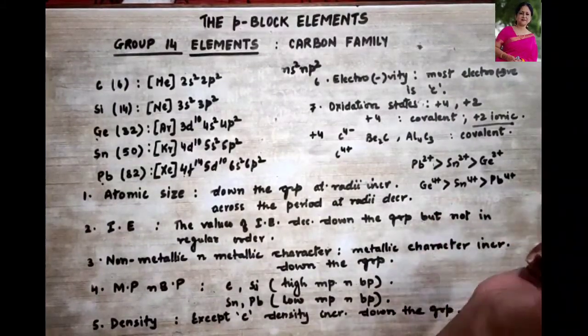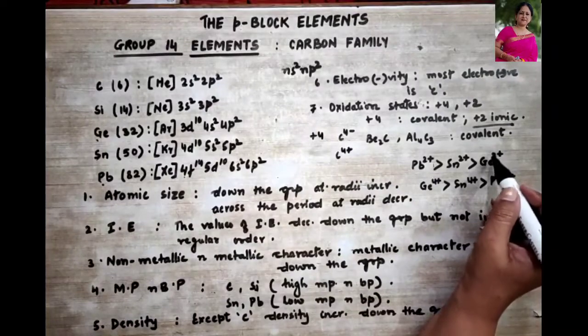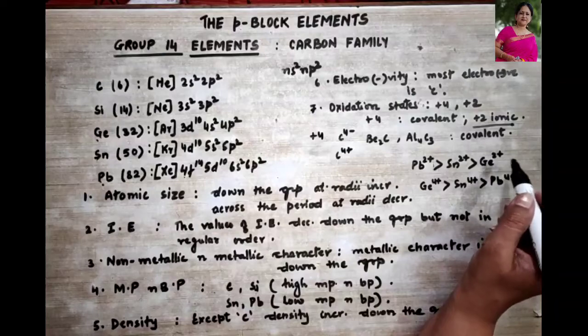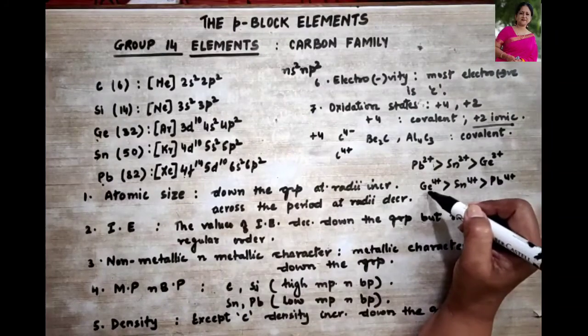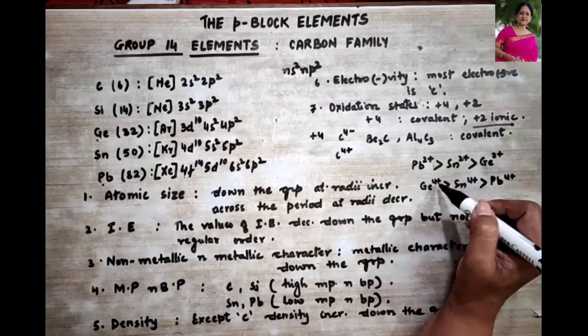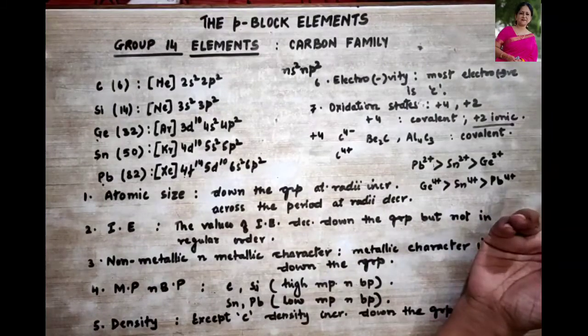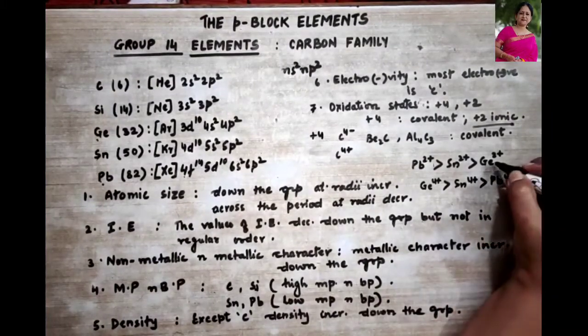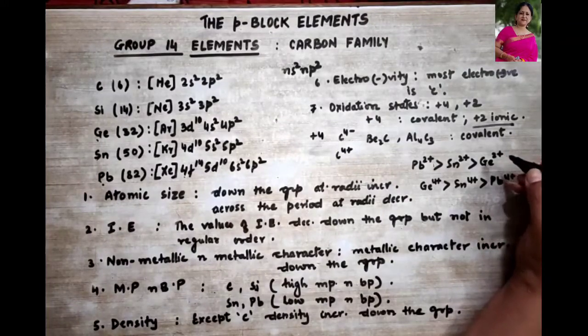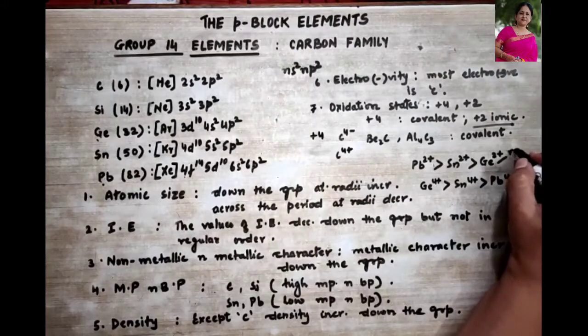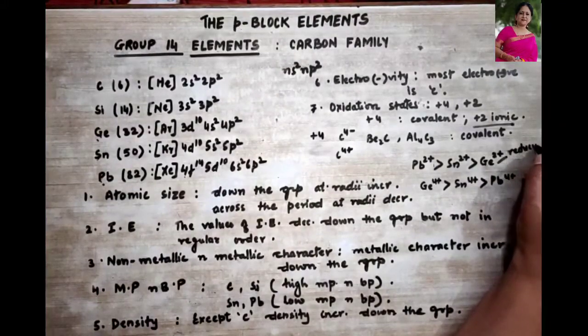So the compounds of germanium 2+ are quite unstable and therefore they get oxidized to germanium 4+ compounds easily by losing 2 electrons, right? So germanium 2+ compounds are strong reducing agents. Okay, they are strong reducing agents.